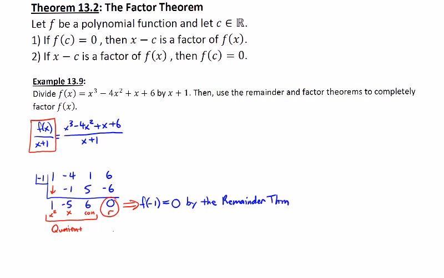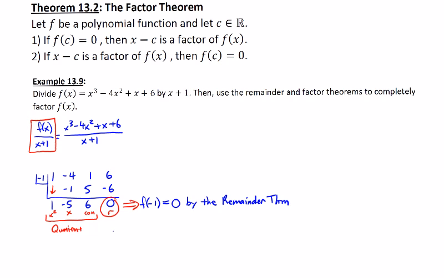So that's the first part. Now it says that we're also supposed to be using the factor theorem. So let's see what the factor theorem says. It says let f be a polynomial. We have that. Let c represent a real number. We already have that. And number 1, if f of c is equal to 0.